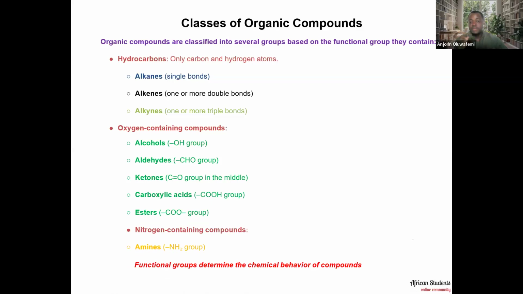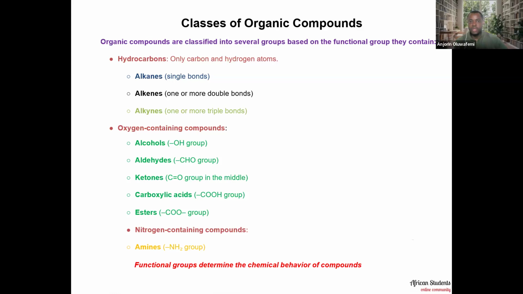So the functional group determines the chemical behavior of compounds. If you have alcohol reacting with another chemical or compound, one of the things that will determine the behavior of alcohol is its functional group. It is a unique characteristic of all organic compounds.